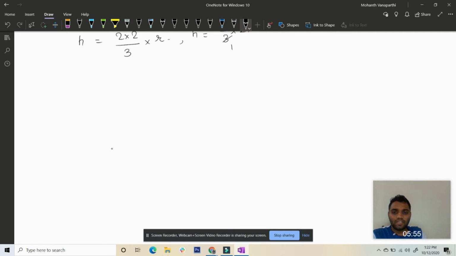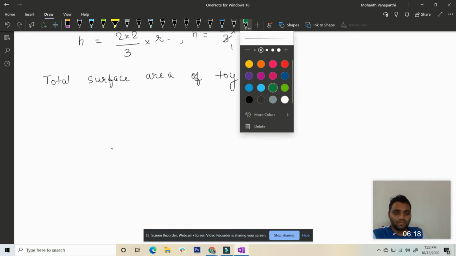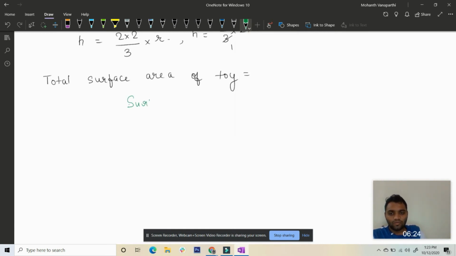Now, total surface area of the toy. Total surface area of toy is equal to surface area of the hemisphere plus surface area of the cone.